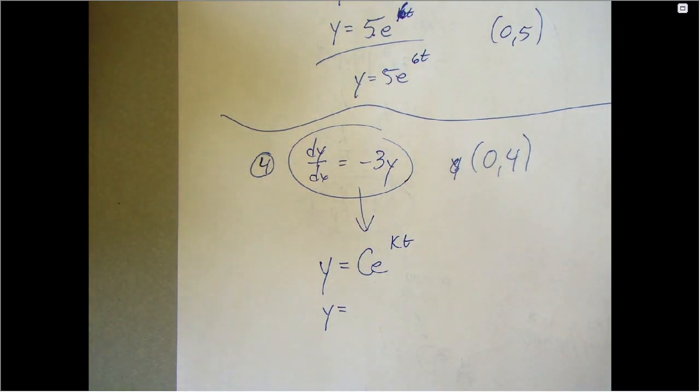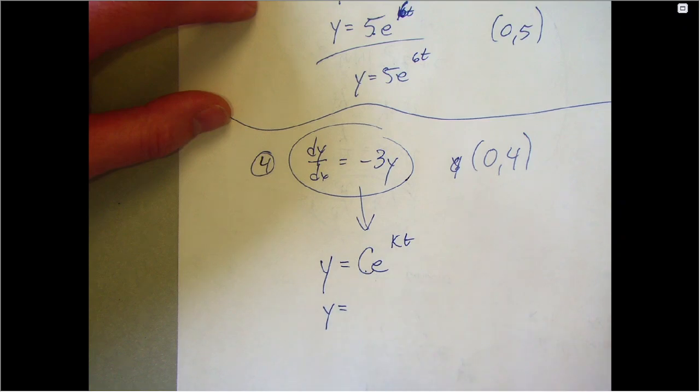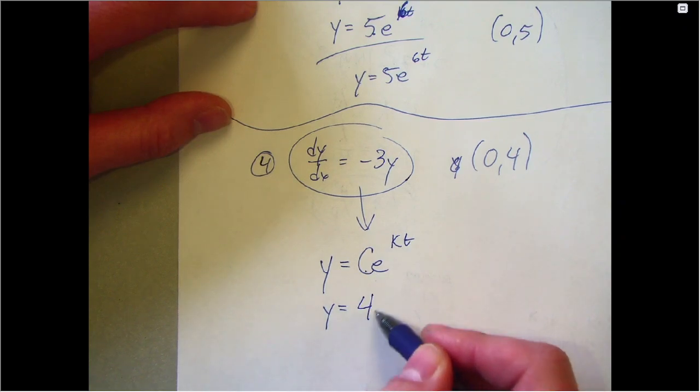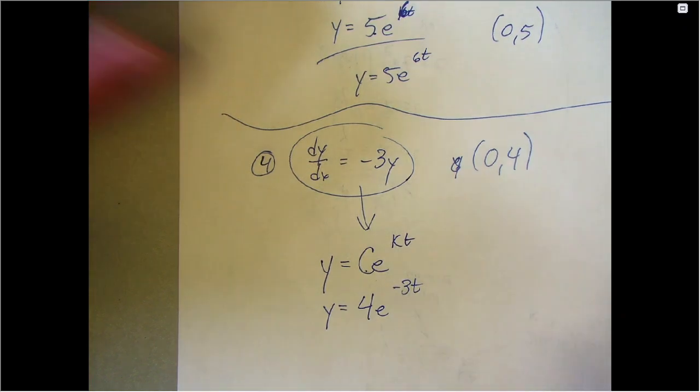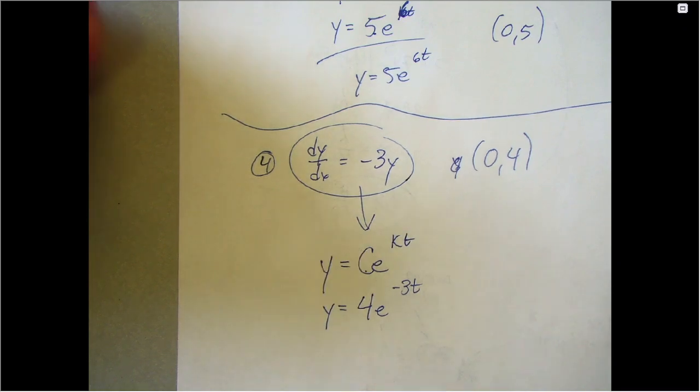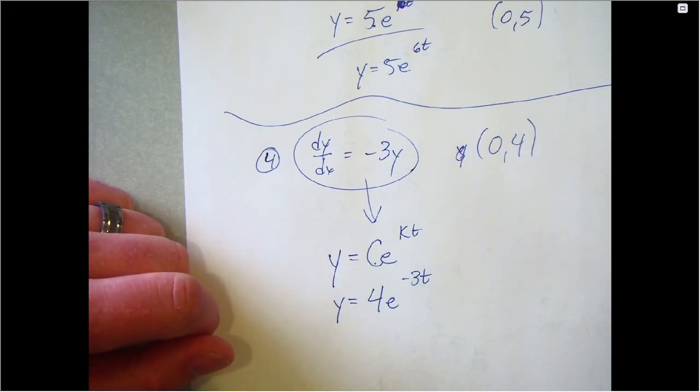What's my constant? What's the starting amount? Oh. What's k? Negative 3. So those are just write it, and you're kind of good. They're not all like that, but that's the shortcut that they're trying to teach you. If you see this, you can jump to this.